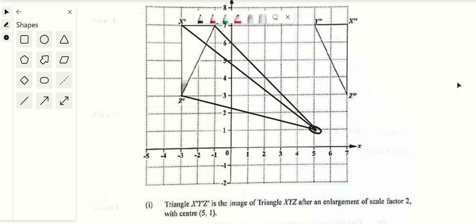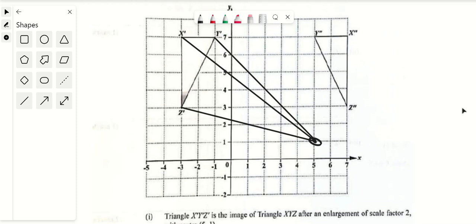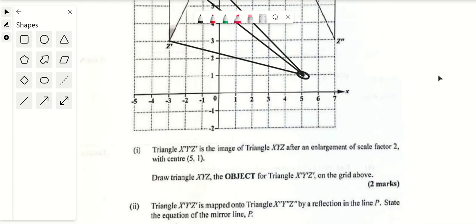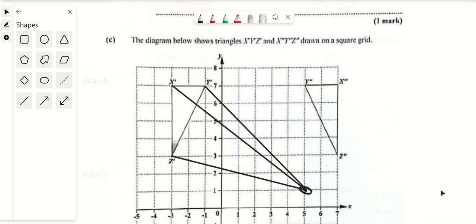We're going to see that our original triangle is supposed to be somewhere in here. And if we know anything about this, XZ is 1, 2, 3, 4 units.